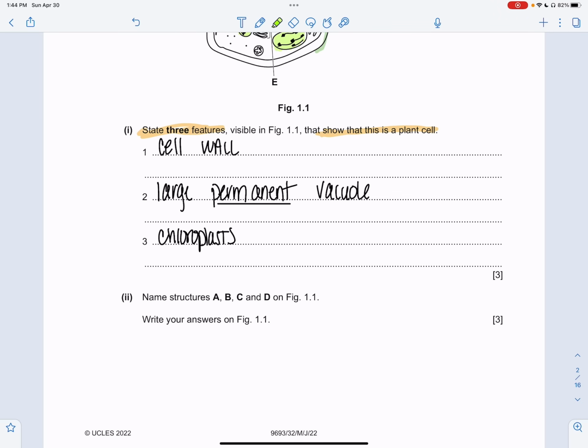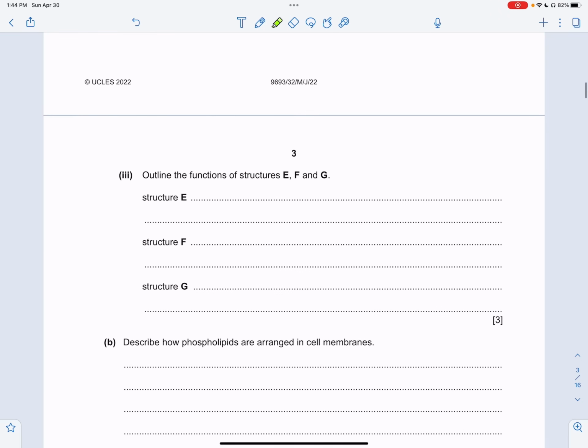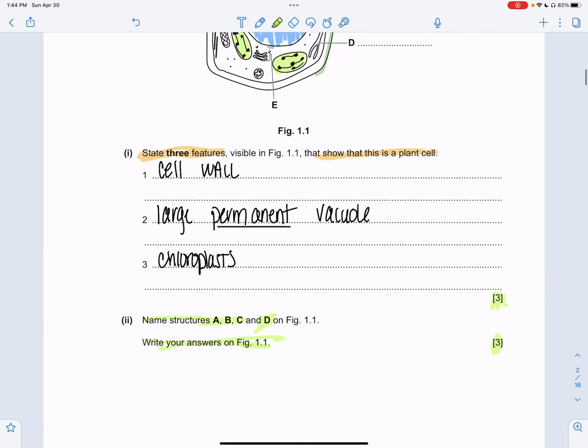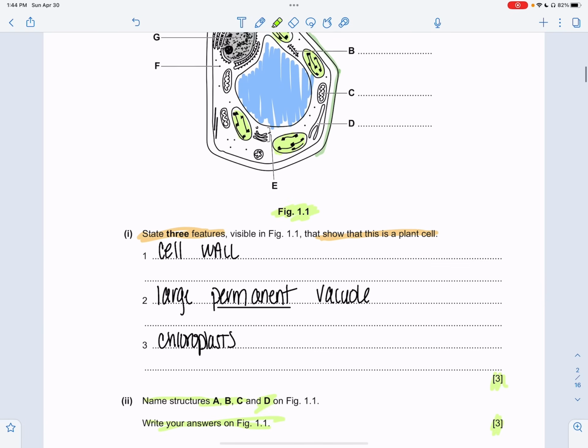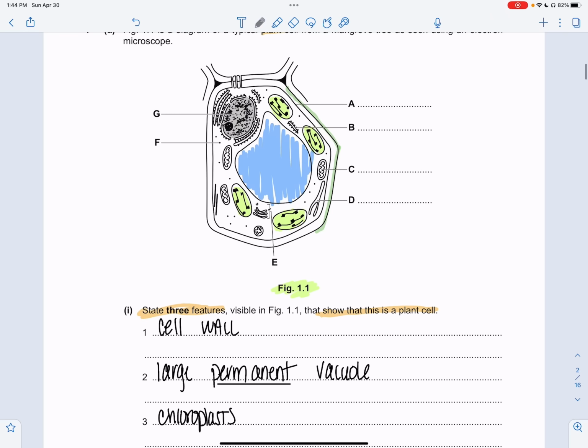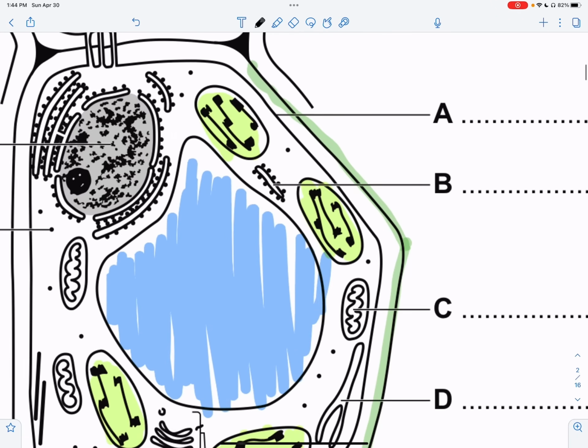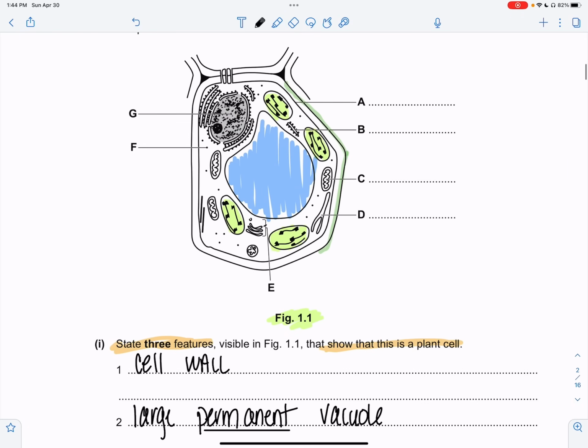Name the structures A, B, C, and D on the figure, and then write your answers on figure 1.1, which is the actual picture. A is pointing to the inner membrane, and that's actually going to be the cell membrane.